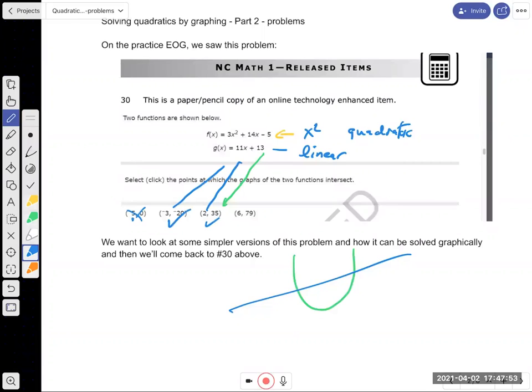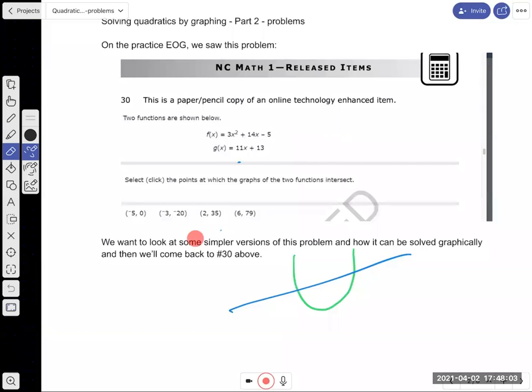And so then you think, well, I could try that. Then if you're feeling motivated, you would go and see if those points actually worked in the other one as well, okay? And so let's just try it with 2 and 35. So does 35 equal the output if I do 3 times 2 squared plus 14 times 2 minus 5?